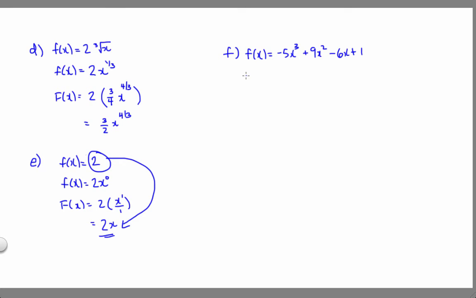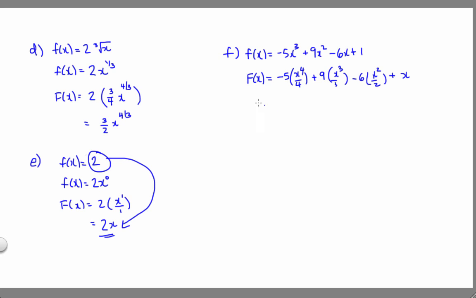Let's find an antiderivative for a polynomial. To get our antiderivative, capital F, we're going to find antiderivatives one term at a time. So we'll have negative 5 times x to the fourth over 4 plus 9 times x cubed over 3 minus 6 times x squared over 2, and the antiderivative of any constant is just going to be x times that constant.